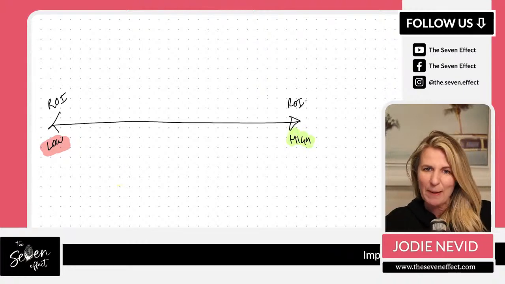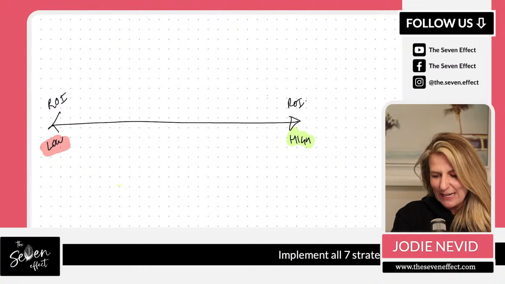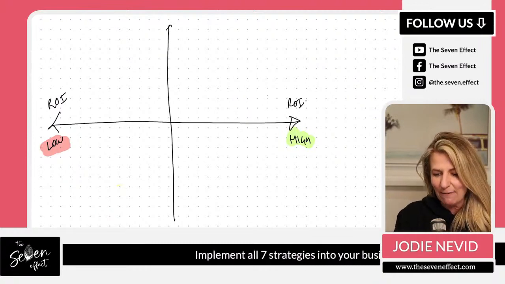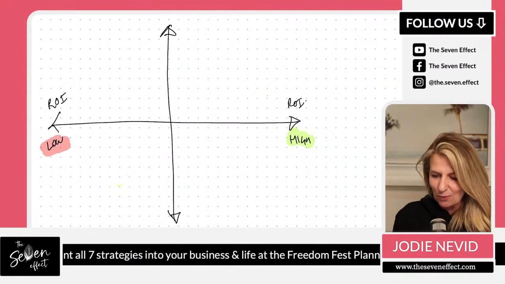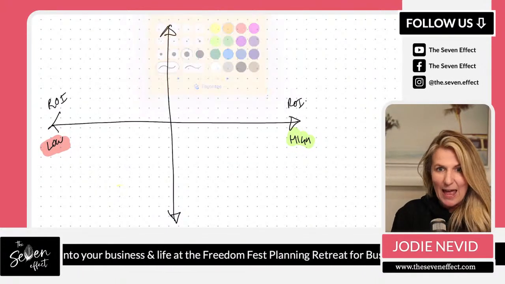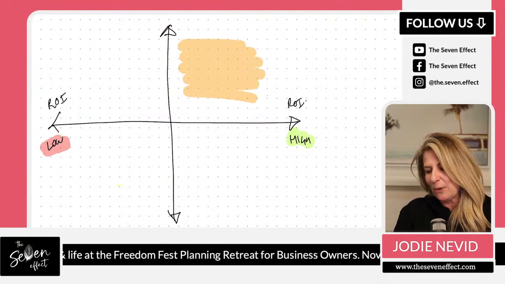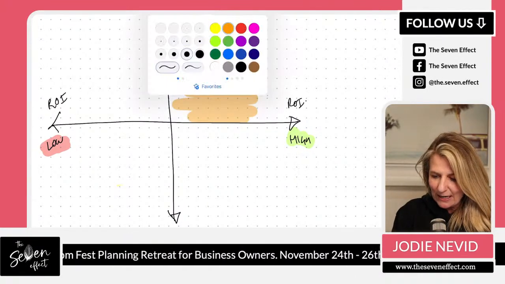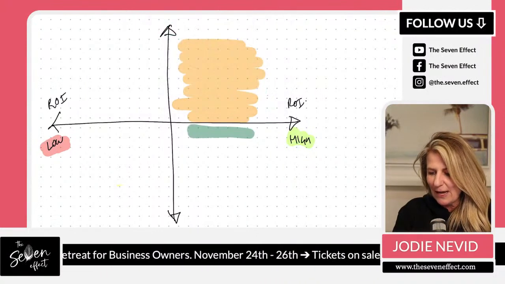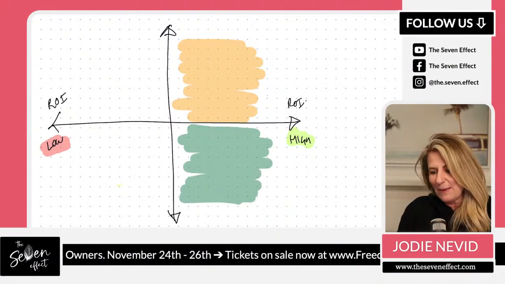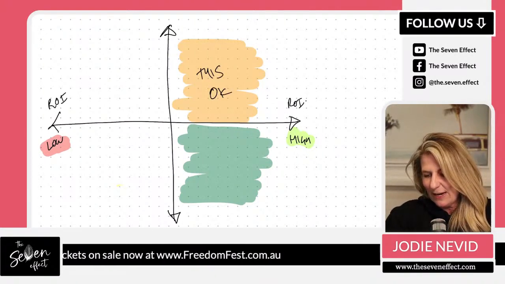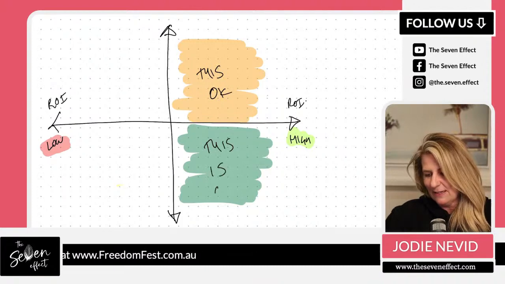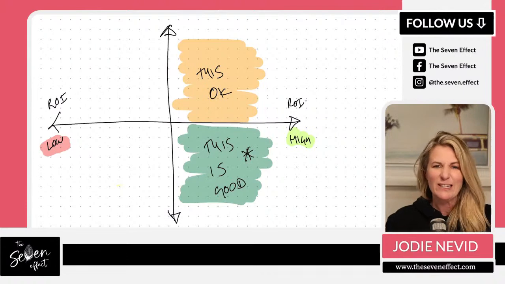I won't go through and map out the whole model, but you can see that if you love to teach and draw things out, you can actually do really cool stuff with this and make very visual presentations where you can actually talk people through your models and you can color code them, and then you can write on the top of that and go, this is okay, this is good, the place to be, good, etc. You get the picture.